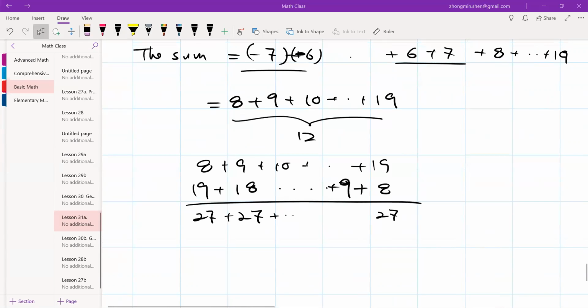But you have to divide by 2. Okay, so that is the answer. So 27 times 6, yeah, it's 162. So that is the sum.